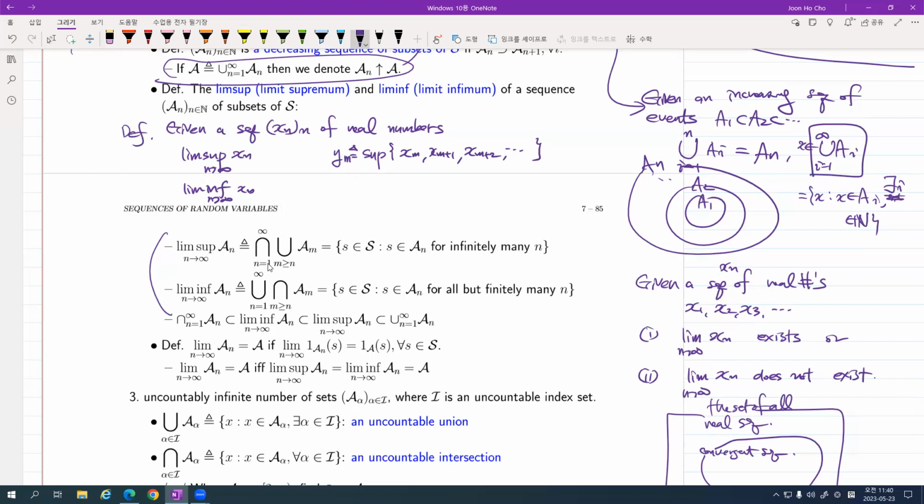Y sub 2 means the supremum of all the terms except the first term. What happens? You take them one by one, so this y sub m sequence is decreasing. Y sub m is a decreasing sequence, right? Now you consider the limit of this sequence.